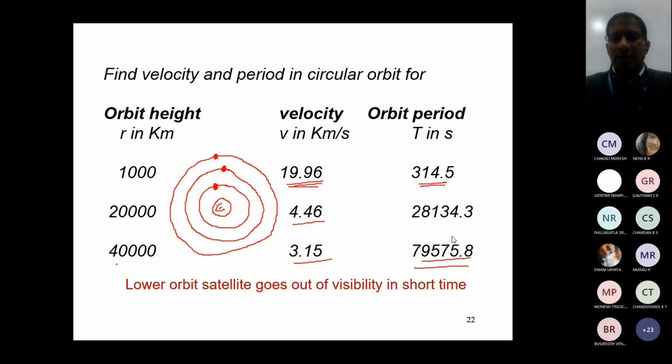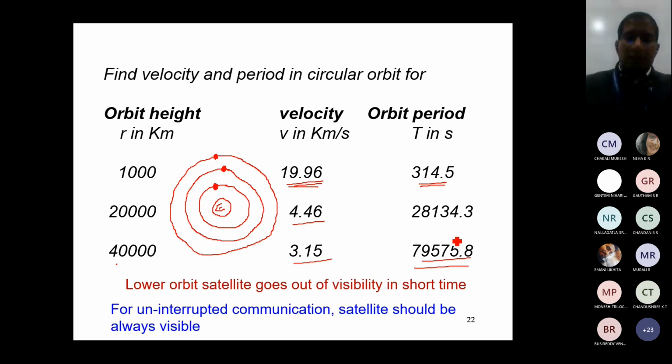So that is the idea derived from Kepler's third law. Now the problem happens over here. This is approximately 5 minutes. See, if a satellite is here and your ground station is here, when the satellite is here, they can communicate with each other.